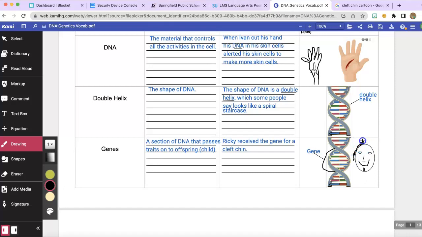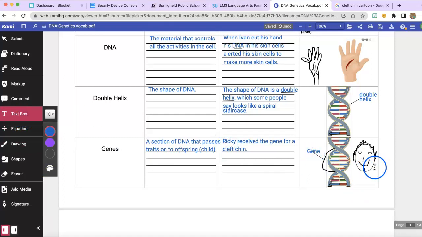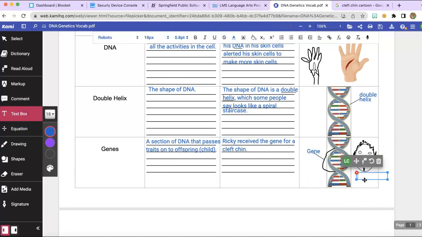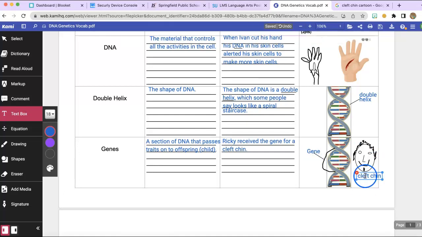Okay, cleft chin. And, oh, there, poor Ricky. There he is. Okay, so he has a cleft chin. And we are even going to label that. So I'm going to grab a text box. I'm going to click in here, write the word cleft chin. You can see that we now have a picture that represents our sentence, and it says cleft chin.